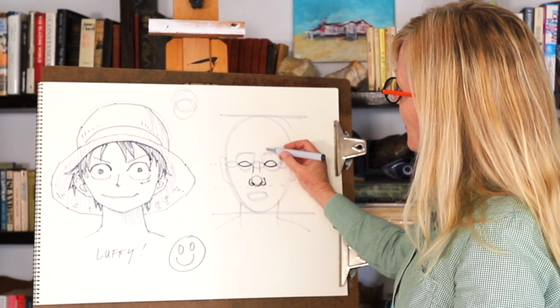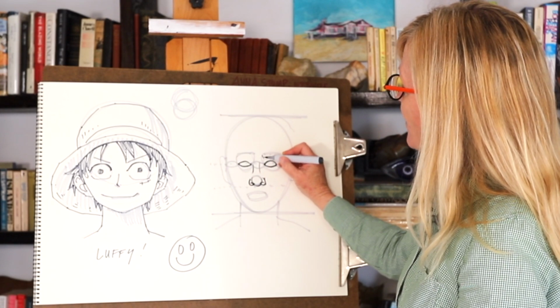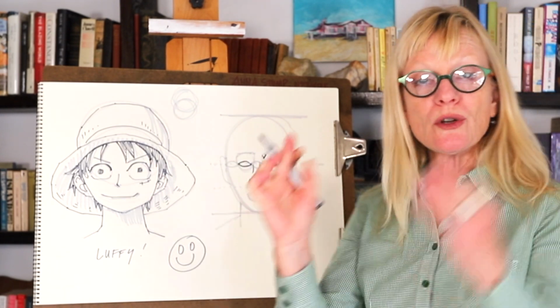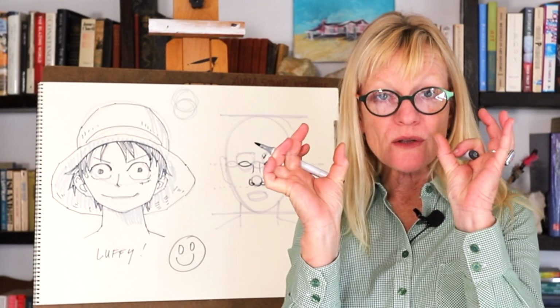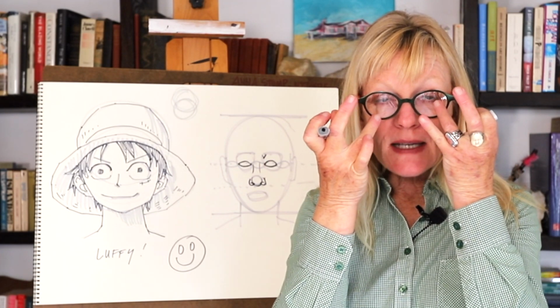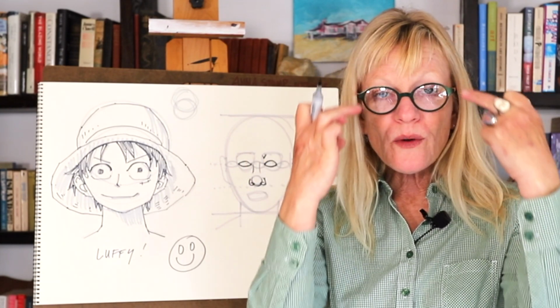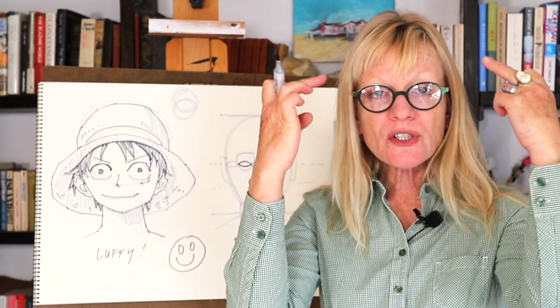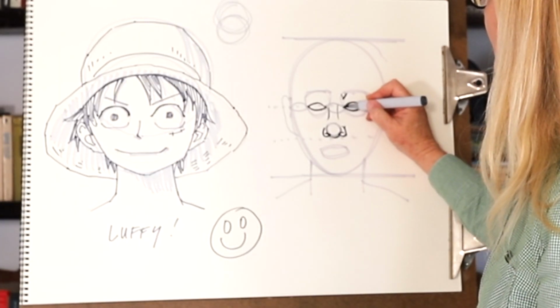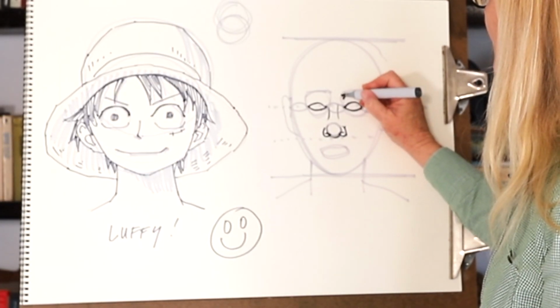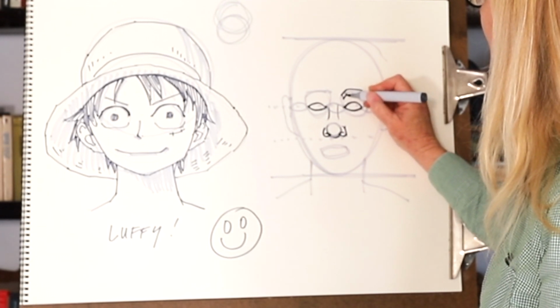Let's go back up here and let's draw the eyebrow. So the eyebrow, usually when you're looking at yourself or you're looking at someone else, first you're going to draw the eyes, and then you're going to see in what relationship do the eyebrows start. Are they starting directly above the tear duct, or do they start in a little bit more? And just draw the shape.